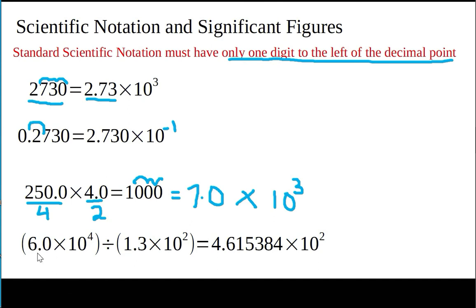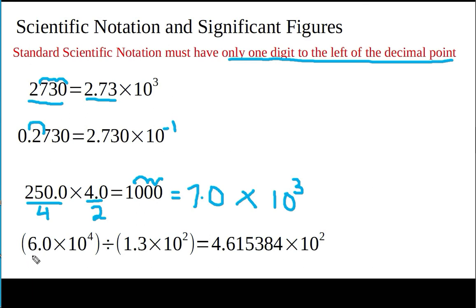Now let's look at another thing I wanted to show you. Imagine you are given something like this and you have to resolve it. Normally you would resolve the brackets first and then do the division. But here, because we are dealing with significant figures and scientific notation, it's better to do this first. So what you do is first multiply these numbers or divide or whatever.